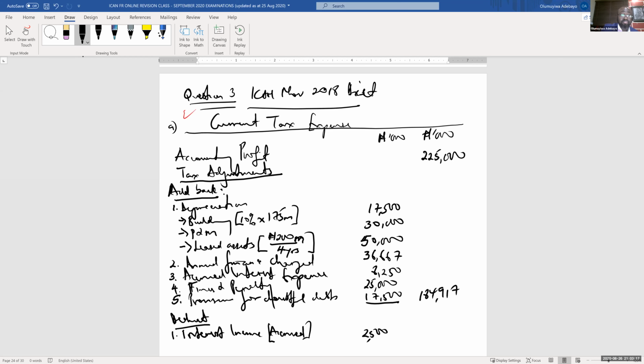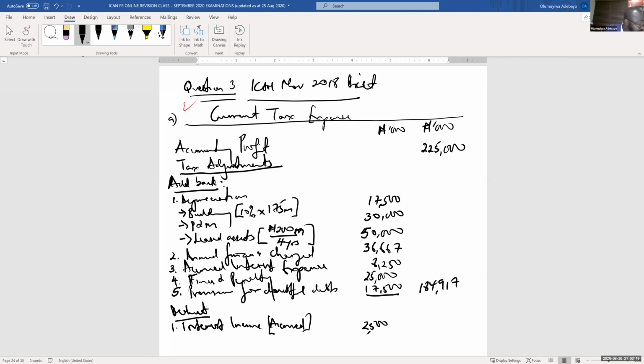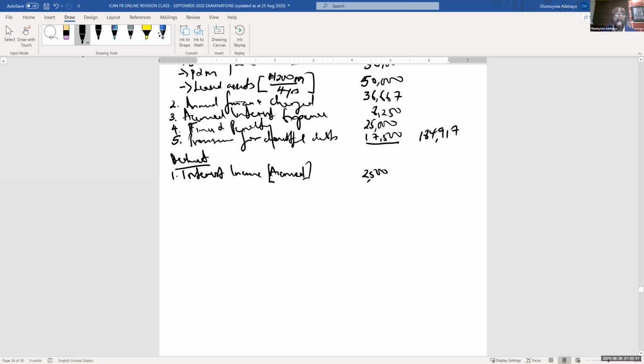Okay, what about lease rentals? Remember that we disallowed depreciation on the lease and disallowed the finance charge on the lease, but what will now be allowed in lieu of those two items is the lease rentals. Annual lease rentals, I remember the annual lease rental was 72 million, or the figure in thousands.